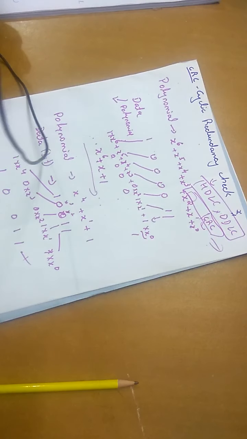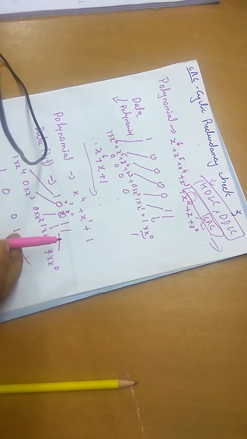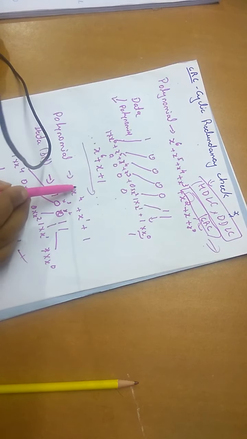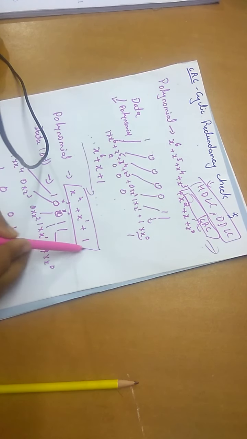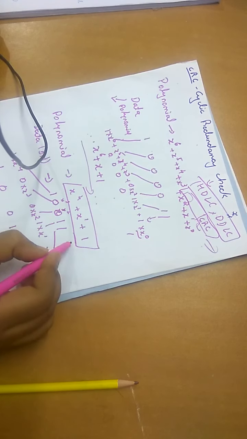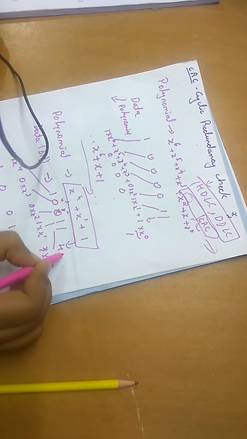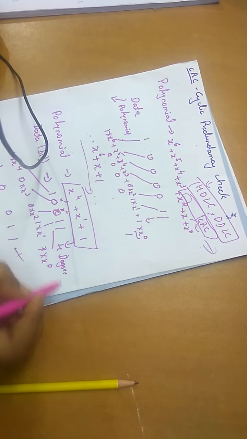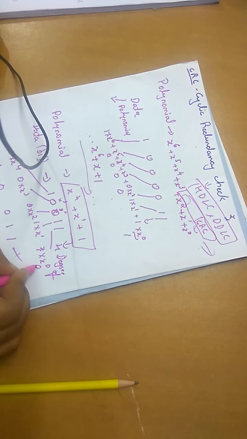One more thing, the highest degree of the data. Let's take this one. What is the highest degree? 4 is the highest degree of this data. This 4 is called the degree of this polynomial.